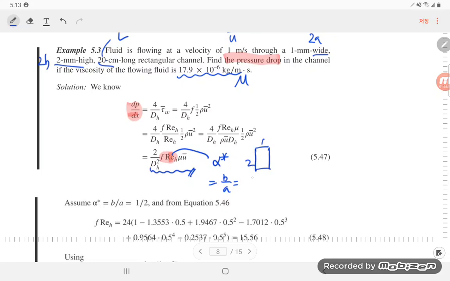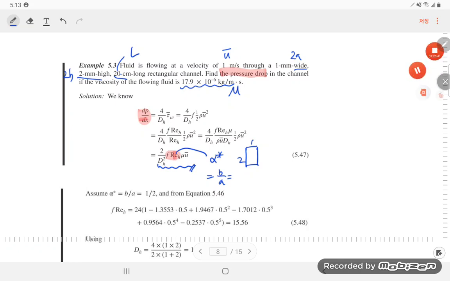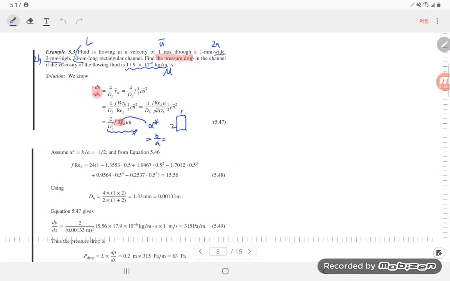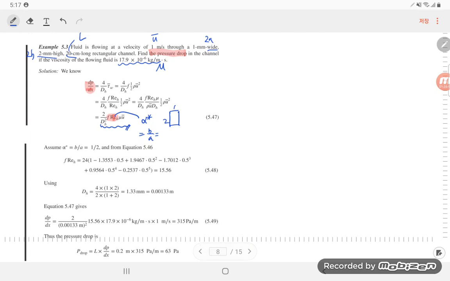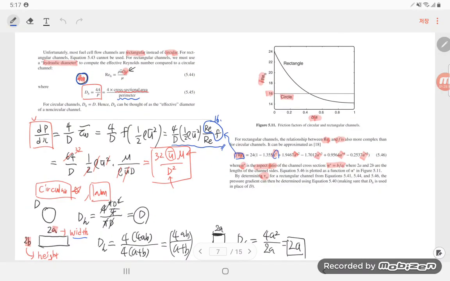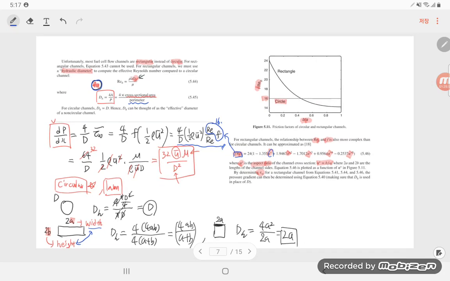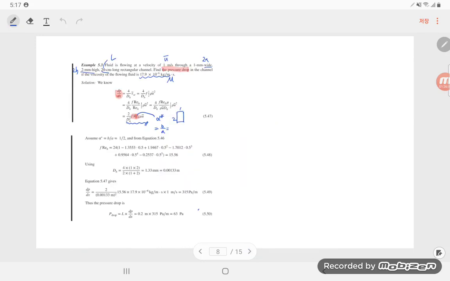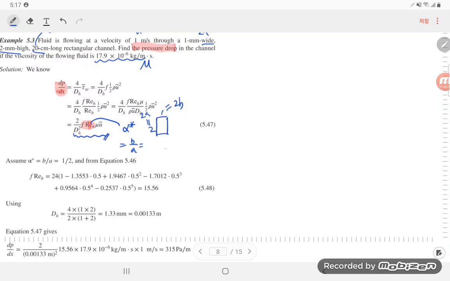Let's redo this one. Okay, just exchange these two values with height. Okay, and then this is now 2a, and this is 2b. So b over a is half, right? 0.5.